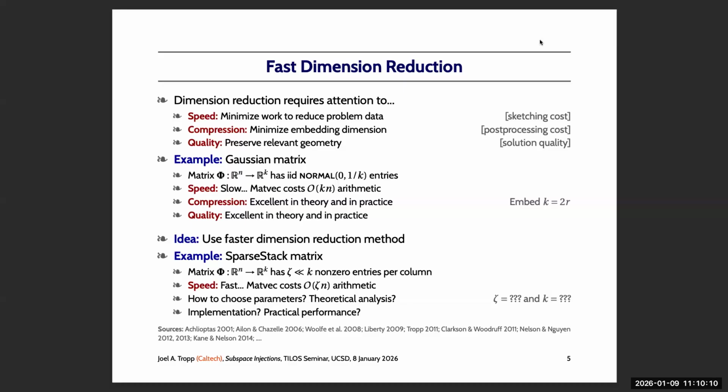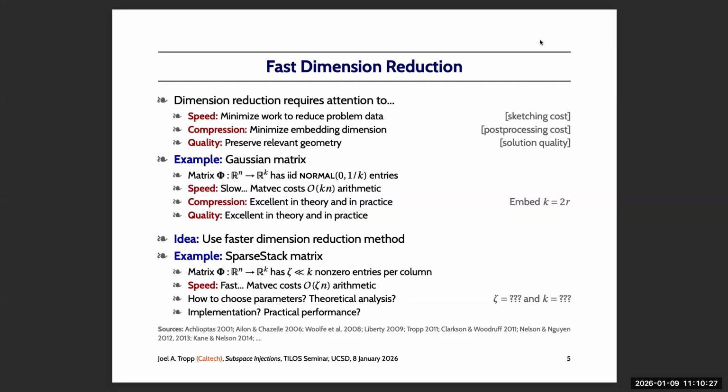The second thing we need to do is control the embedding dimension. How small did we make these vectors after we compress this? Because that controls the cost of solving the reduced problem, the sketched problem. The smaller the problem, the faster we can solve it. Okay?